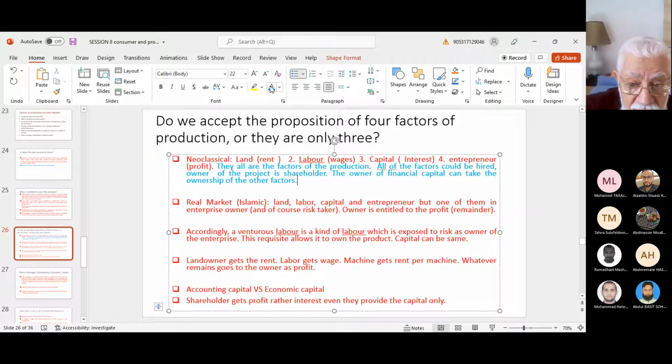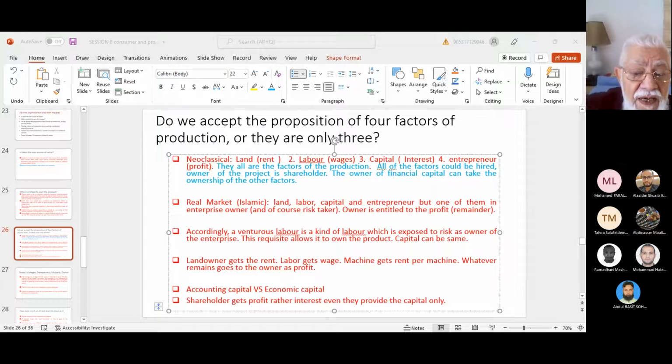They can, of course, hire other labor, hire machines, tractors, and others, and buy the pesticides and the seeds and fertilizers, etc. But now the ownership of the project is combined by the farmer and the owner of the land. And they get the residual by that.